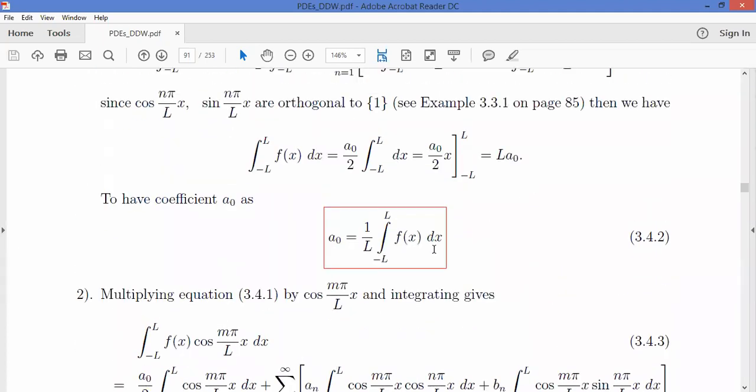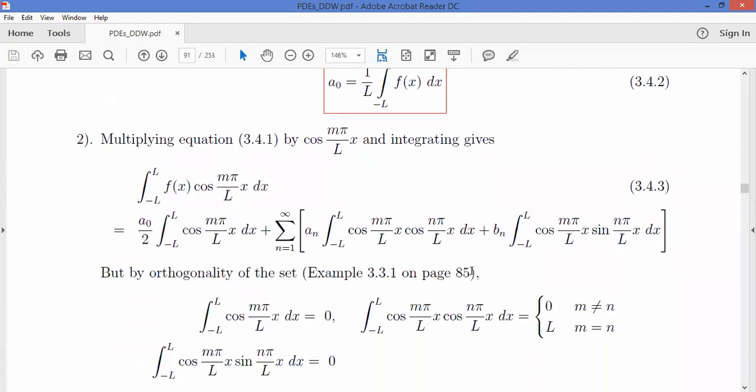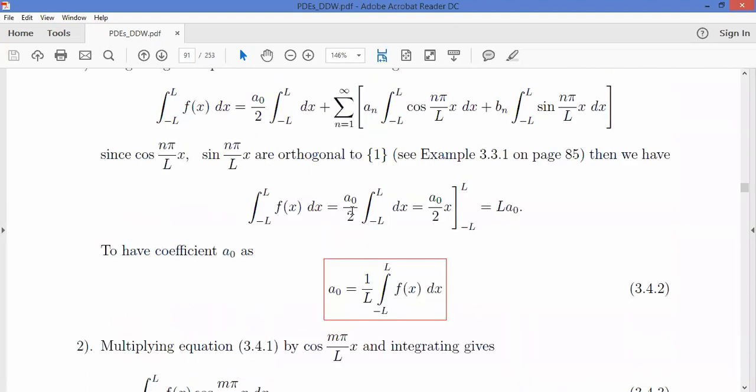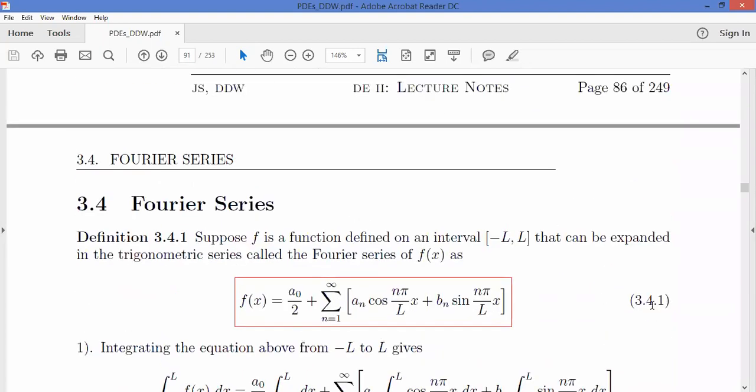After getting a naught, we are multiplying equation 3.4.1 by cos and then integrating. So you have this f(x) cos. Be mindful of 3.41. We are simply multiplying each and every term with cos(m pi x over L).